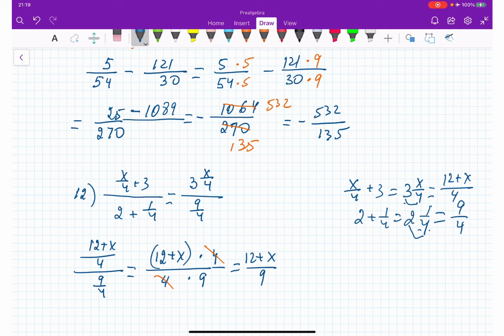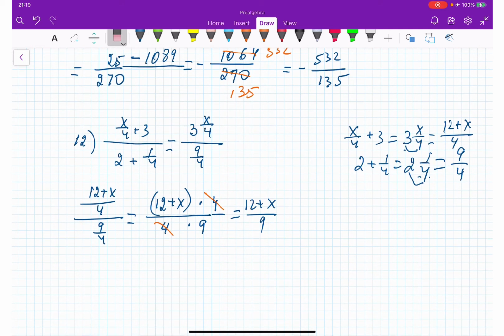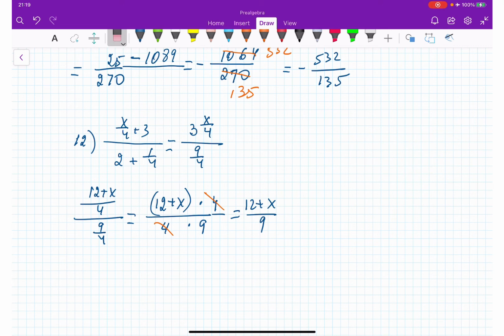And that's it. Moving to question number 13. Negative 7, 3 over 100 divided by negative 100.